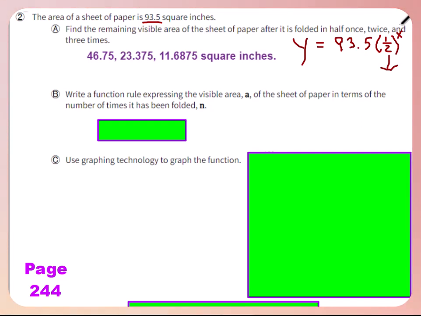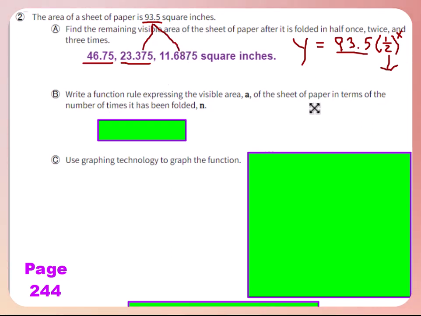If we substitute in 0 here, we're going to get 93.5. Substitute in 1, 1/2 of 93.5 is 46.75. Replace this with 2. 1/2 squared is 1/4. 1/4 of that amount is here, 1/8 of that amount, and so forth.